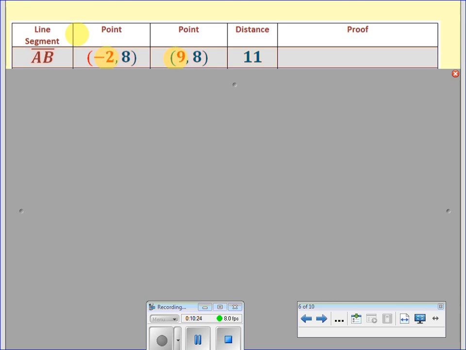Distance is absolute value. So to prove it, we have to go from -2 to +9. We're looking for distance, and absolute value is the distance from 0 on a number line. So did I cross an axis when I went from -2 to +9? Yes, because my signs are different.